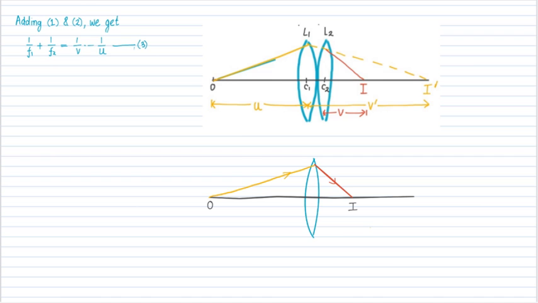There is an object O. This object O forms a final image at I. This image I is formed by the two lenses, your lens L1 and L2. So in this case, your lens L1 and L2 act as a single lens. This single lens is known as the equivalent lens.